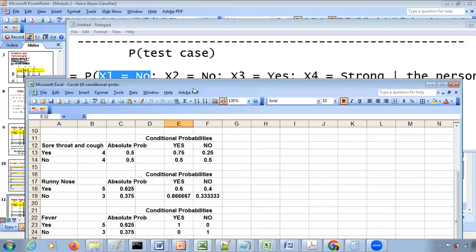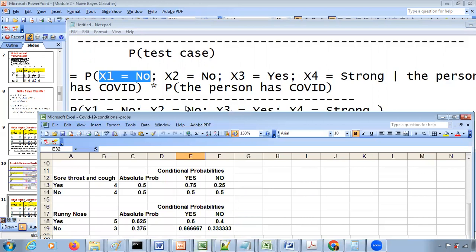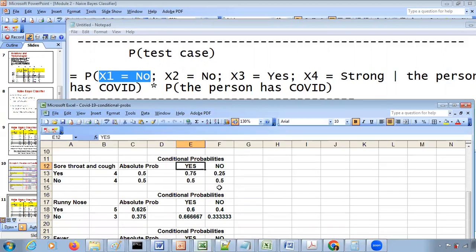Looking at x1, which is sore throat, the person has COVID is S class, and x1 equals no is this feature value no. The number we have there for the probability is 0.5. That means given that the person has COVID, the probability that sore throat and cough, x1, equals no is 0.5.